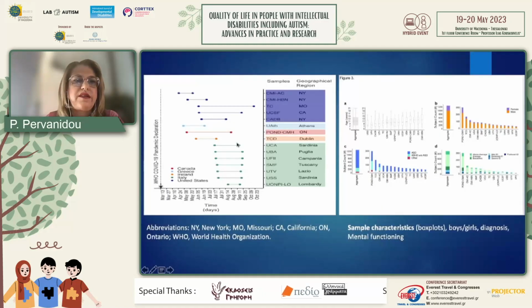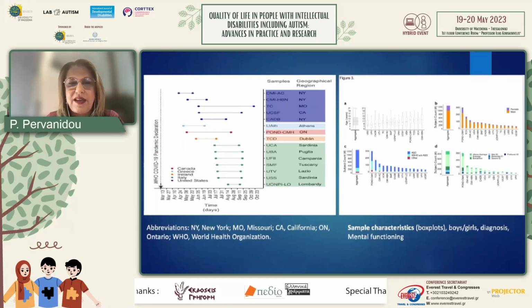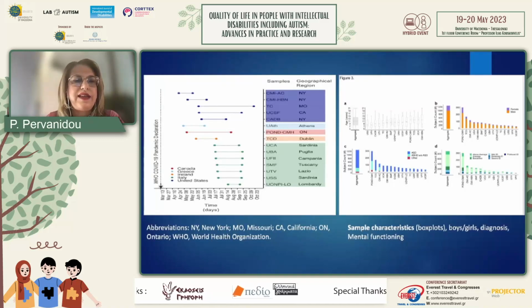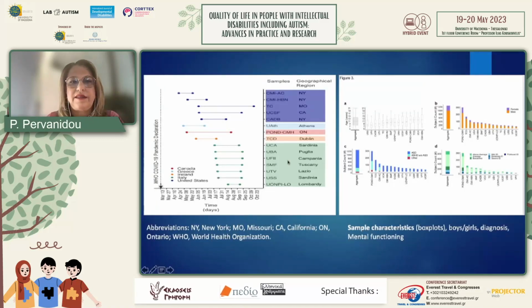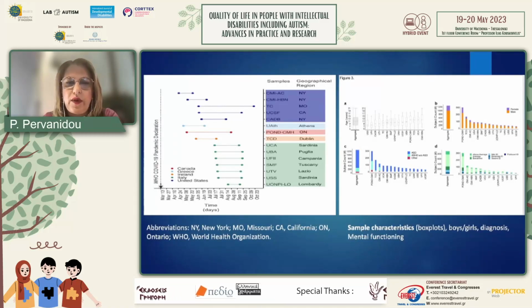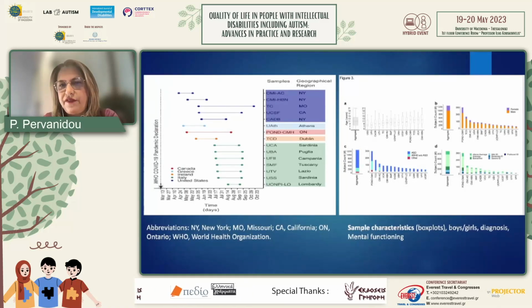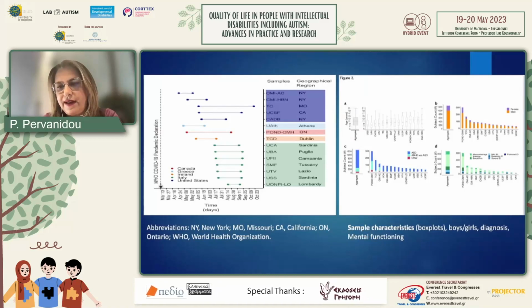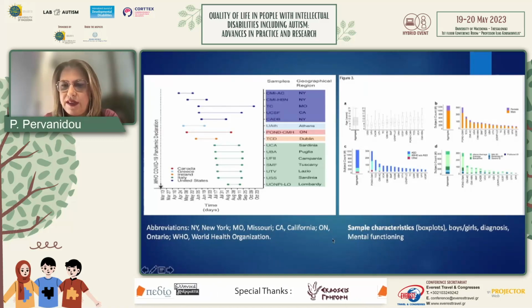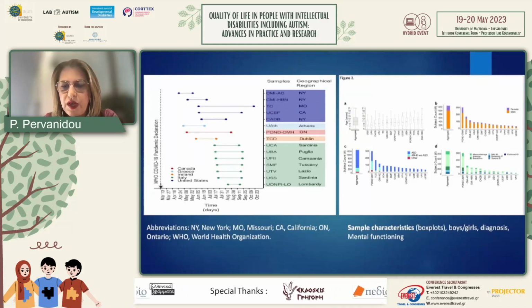You can see here that most centers are from Canada, United States, Greece, Italy, and Ireland. So in this multi-center study, we investigated the global effects of the first wave of the COVID pandemic on the mental health of children and adolescents with autism and other neurodevelopmental conditions.